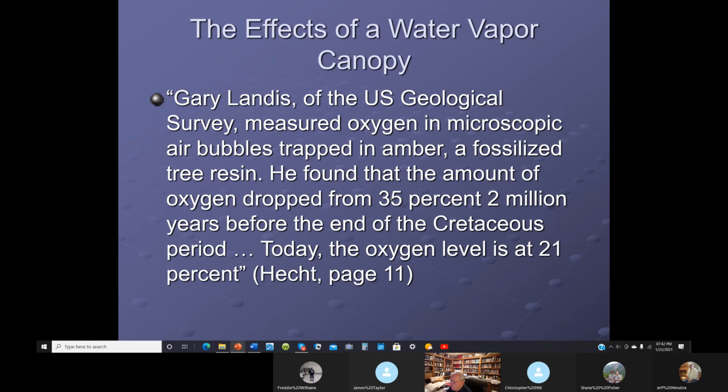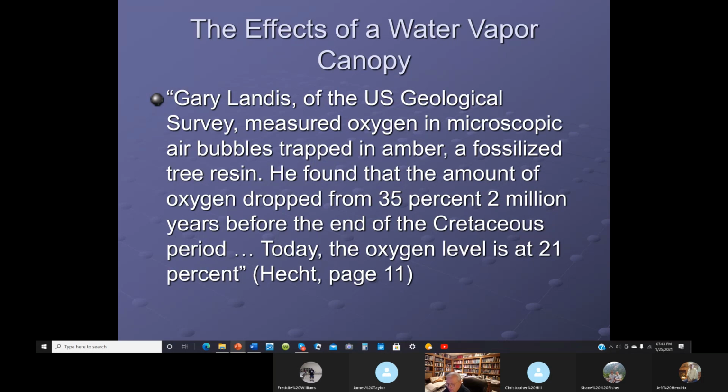Now, what would this do for us? If our atmosphere had 35% oxygen right now instead of 21%, it would be easier to breathe. Your lungs would not have to work as hard to breathe if that were the case. Now, if your respiration rate slowed down, it would mean that you wouldn't work your lungs as hard.